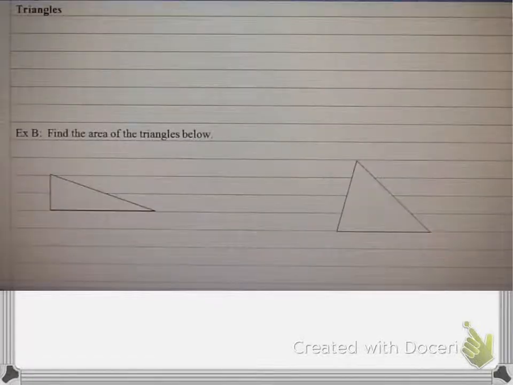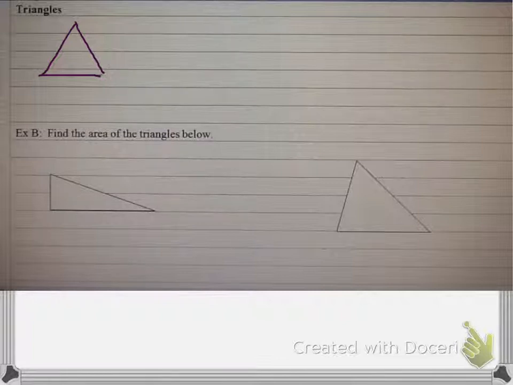The next one is triangles. As you guys remember, triangles are related to the rectangles. They're just half of the size.